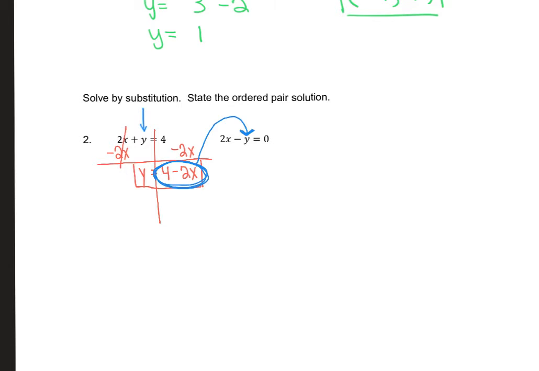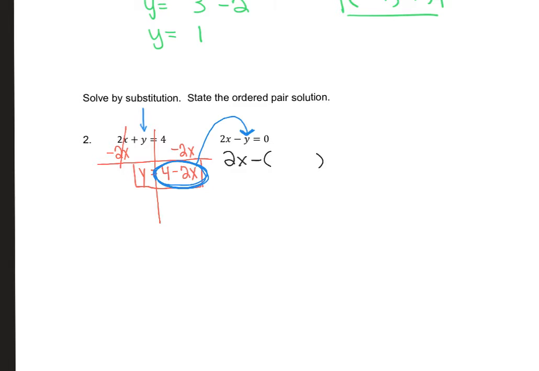So whatever variable you have by itself, that's the one you're taking out of the other equation, okay? So I'm going to rewrite the other equation as a template, missing the variable that you got alone.